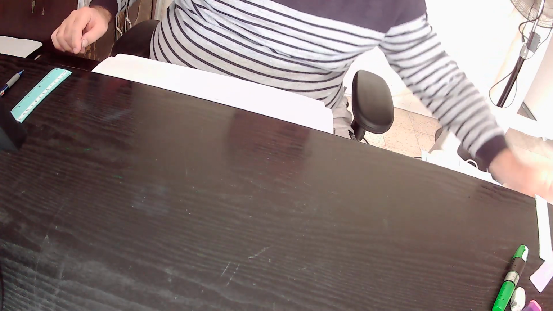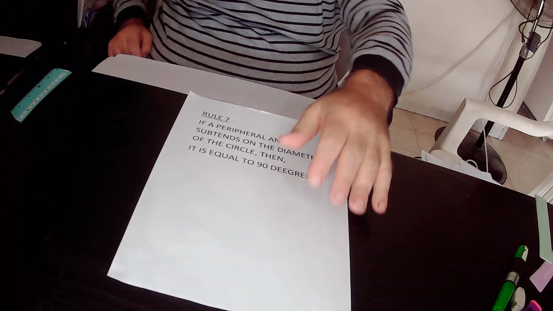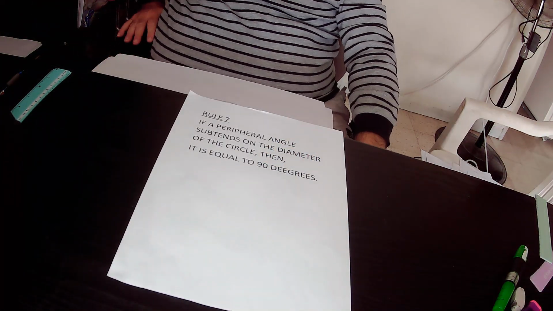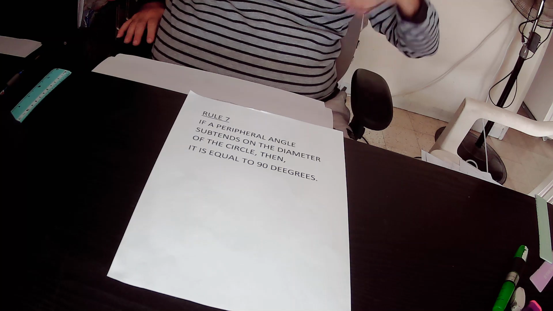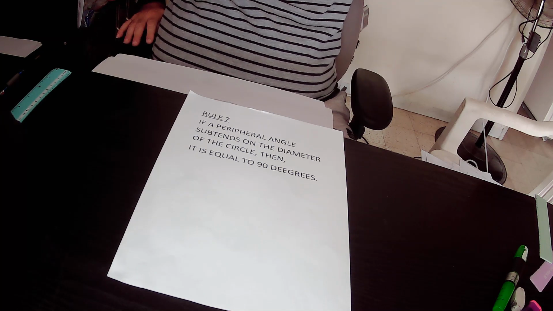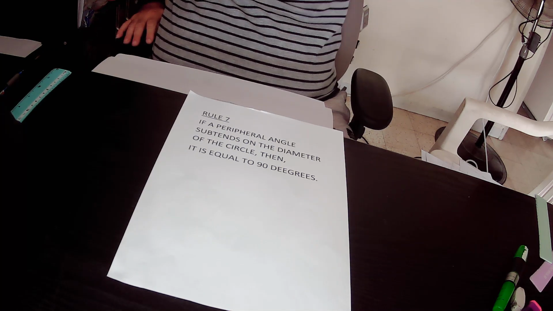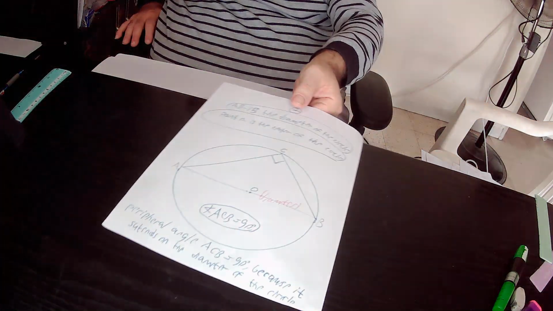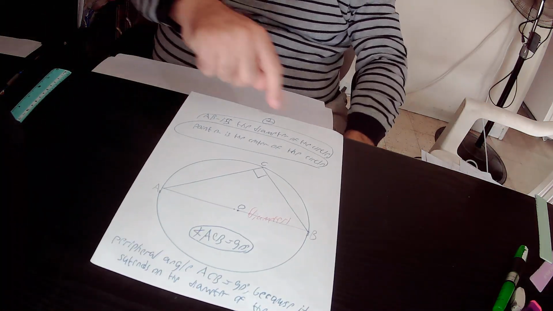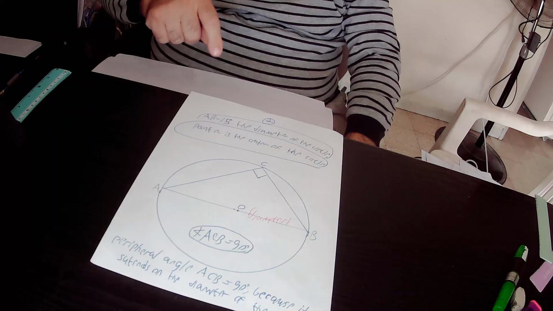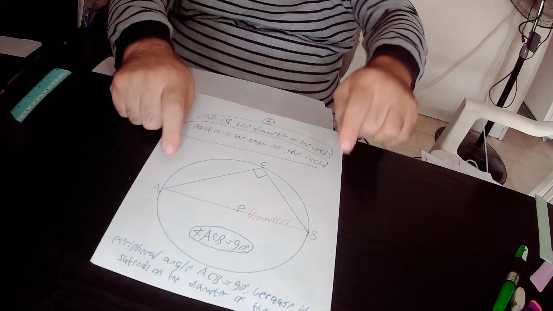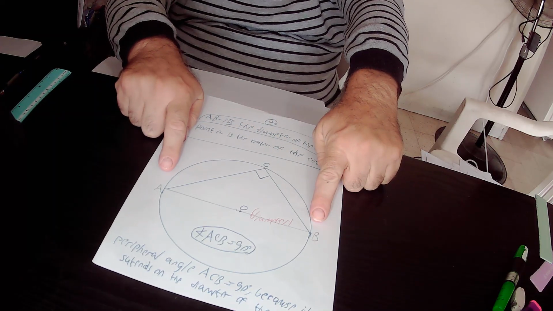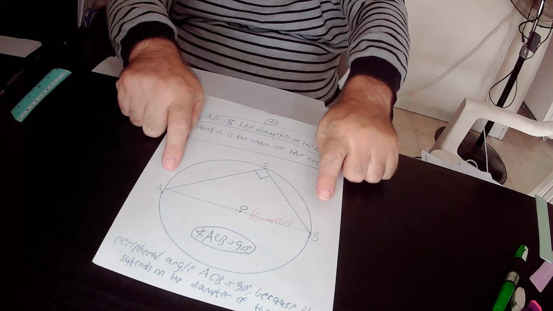According to rule 7, if a peripheral angle subtends on the diameter of a circle or semicircle, then it is equal to 90 degrees. In the drawing, we have a circle. This is peripheral angle ACB that subtends on this chord AB, which is the diameter of this circle, and therefore angle ACB equals 90 degrees.